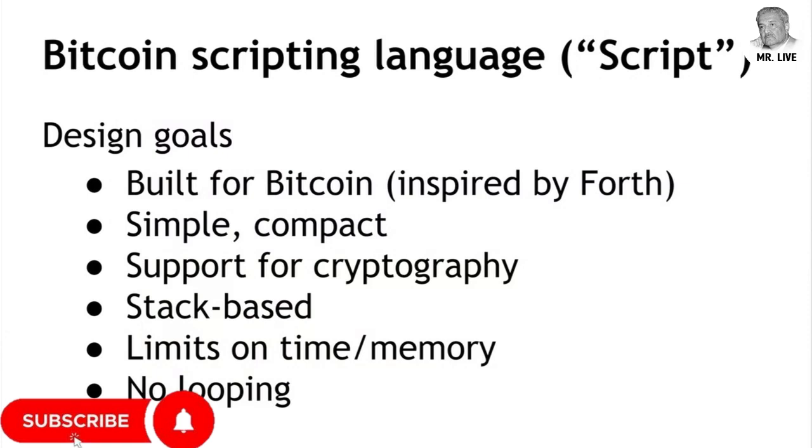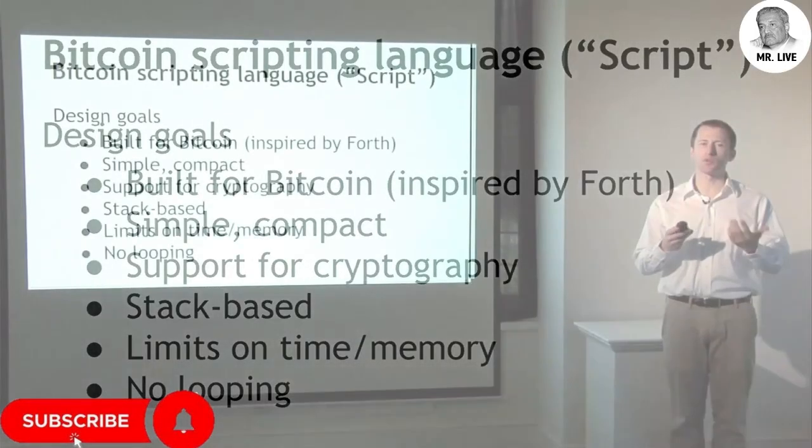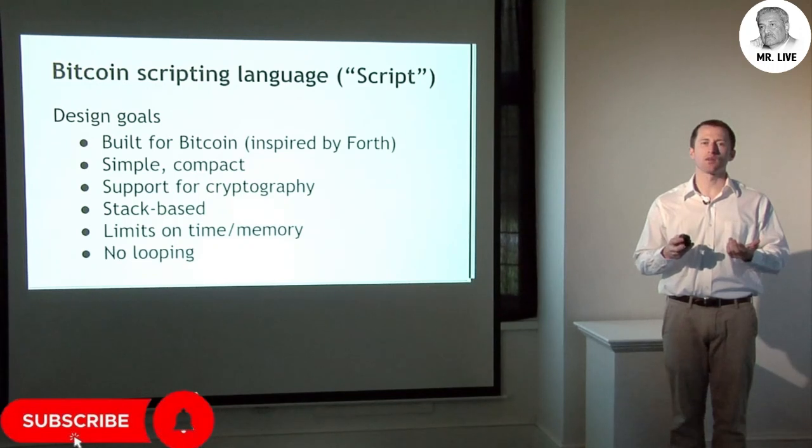So where did this scripting language come from? It doesn't really have a proper name. It's just called Script, or the Bitcoin scripting language, and it was built specifically for Bitcoin. It was probably most inspired by a language called Forth, which is an old stack-based simple programming language. But you don't need to understand Forth to understand Bitcoin scripting.